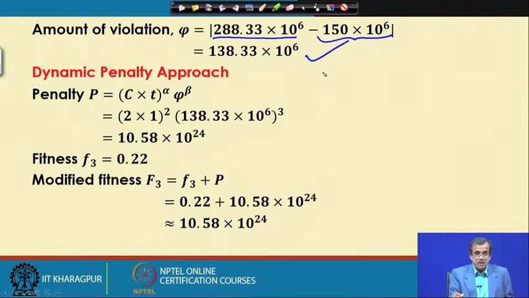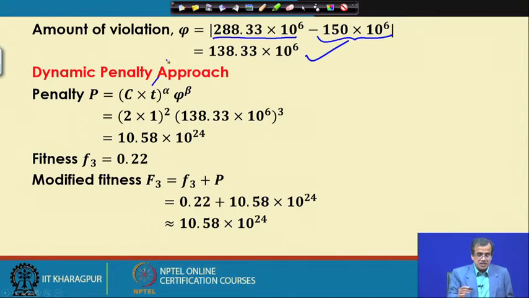And once you have got the amount of violation, now using the principle of the dynamic penalty approach, I can find out the amount of penalty. To determine the amount of penalty, we use the expression: penalty P is nothing but C multiplied by T raised to the power alpha multiplied by phi raised to the power beta.